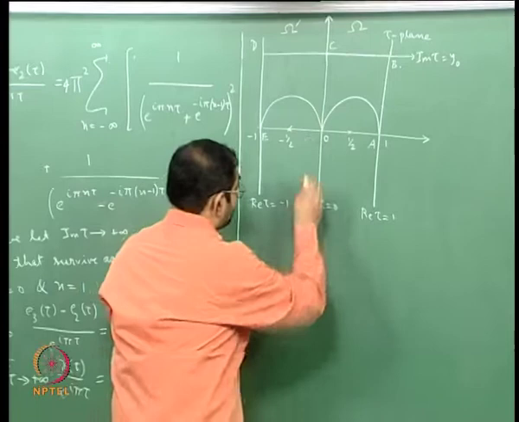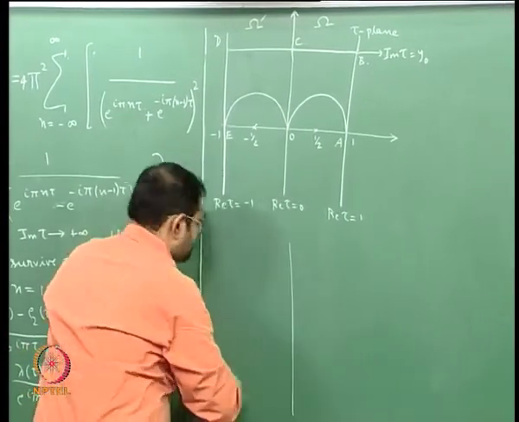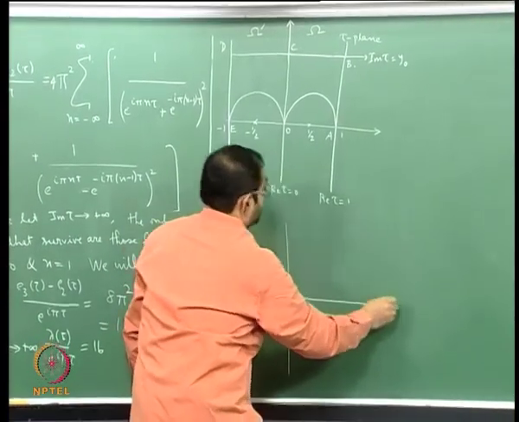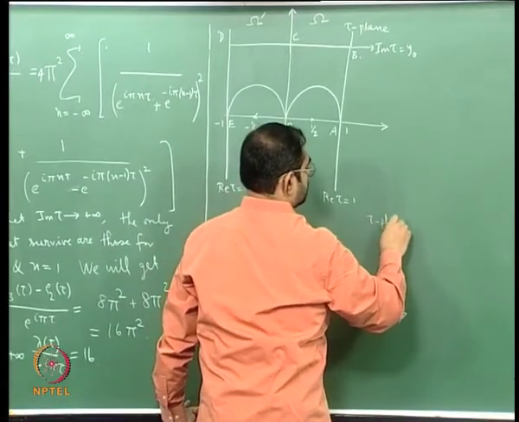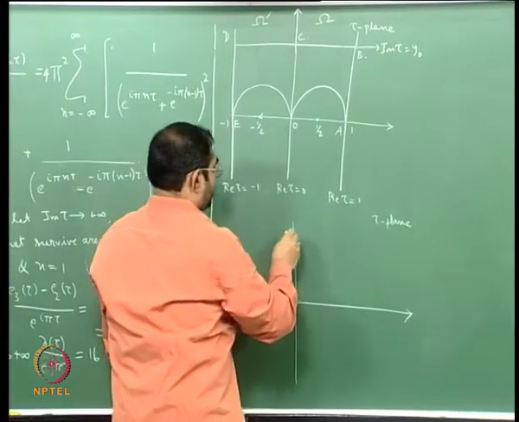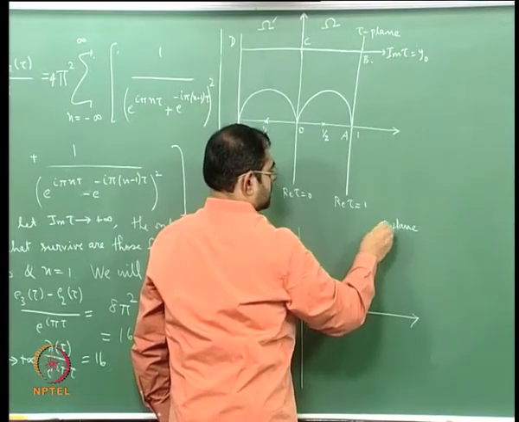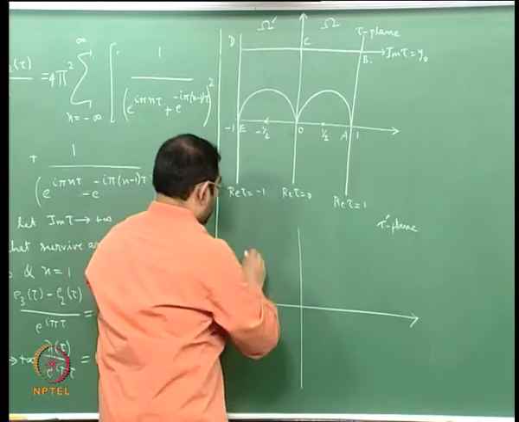So what I am going to do is I will draw another copy of the same diagram. So you see here I am again in the tau plane, right, and maybe I will call this a tau prime plane.